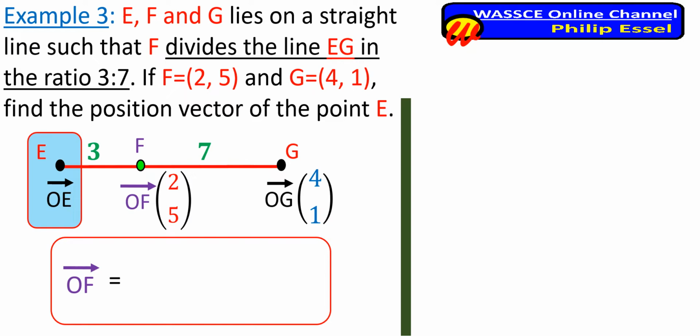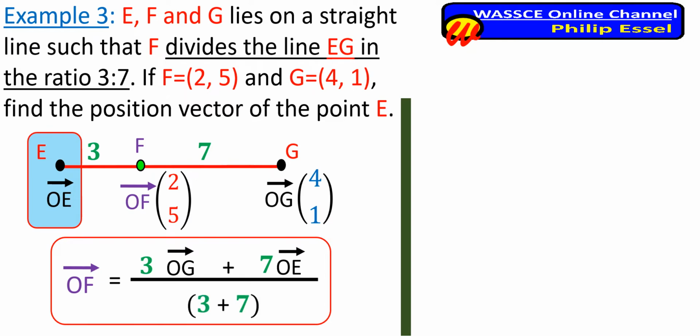If we were to be finding the position vector OF, it would have been equal to the ratio 3 times the vector OG plus the ratio 7 times the vector OE, all divided by the sum of the ratios 3 and 7.